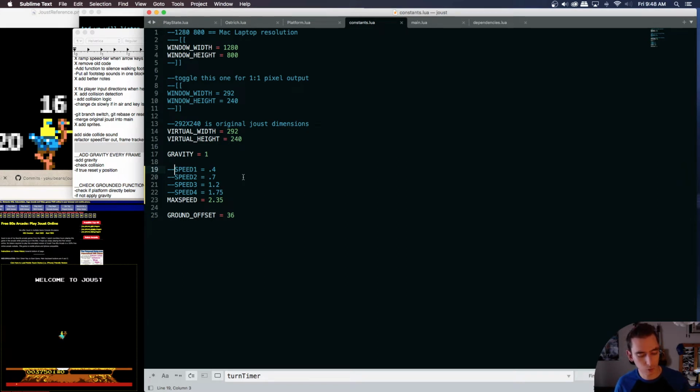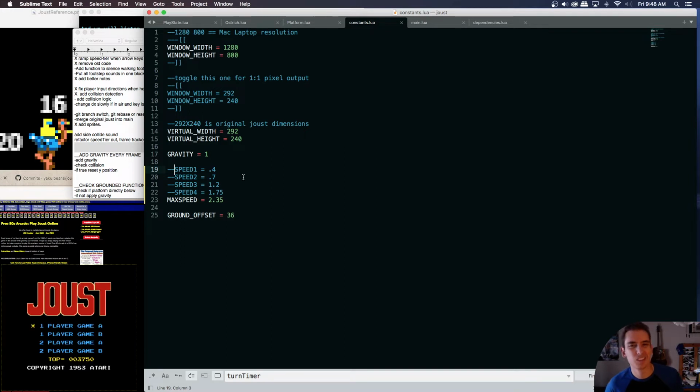I'm thinking we'll call our new variable that controls speed, well, actually, isn't it just dx? It's just dx. Do we need to separate dx and this speed ramp?